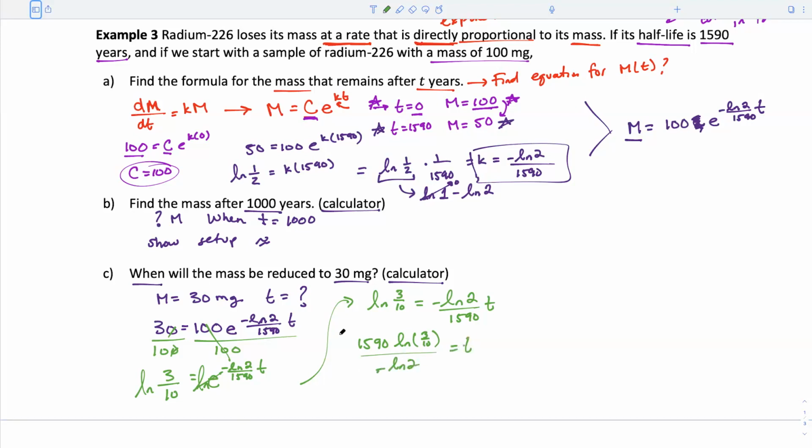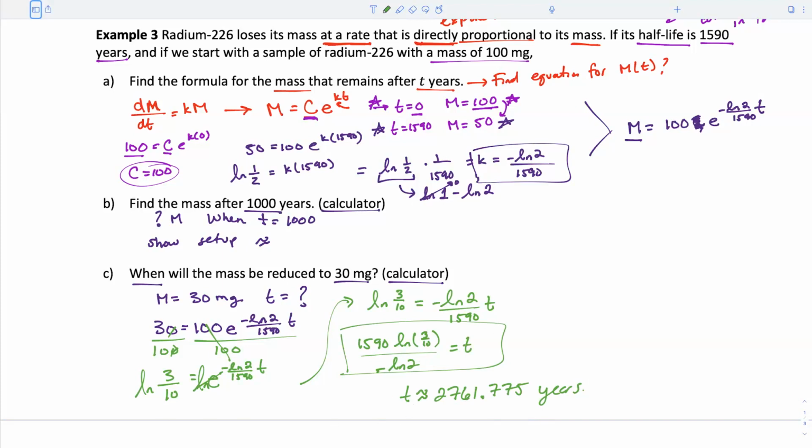That will give you your T. And once you get to this point, now it's a calculator problem. When you plug this into the calculator, you should end up with about 2,761.775 years. Remember, don't forget your units with story problems, okay?